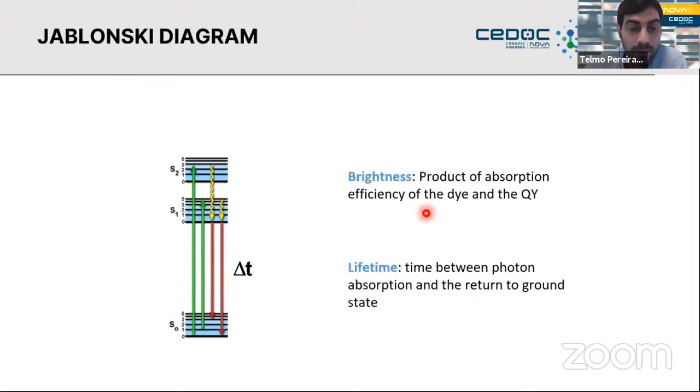Another important component is lifetime. I will not talk much about this, but the lifetime is the time between the photon absorption and the return to the ground state, so the time that it takes for this whole process. This parameter is also dye specific, and it depends on the environment of the dye.